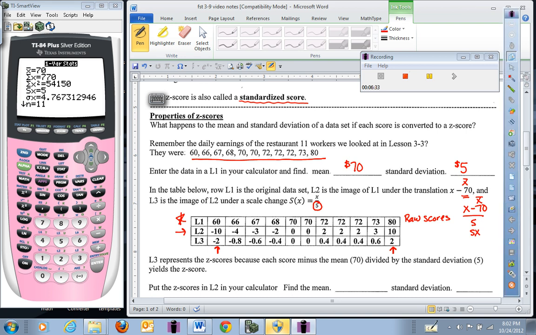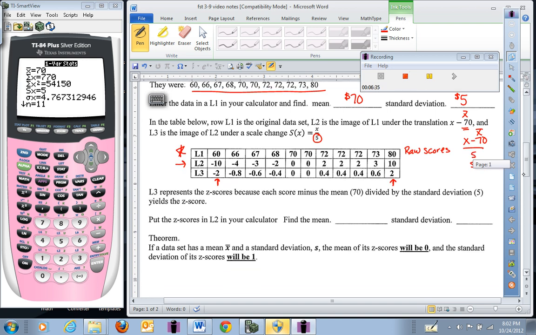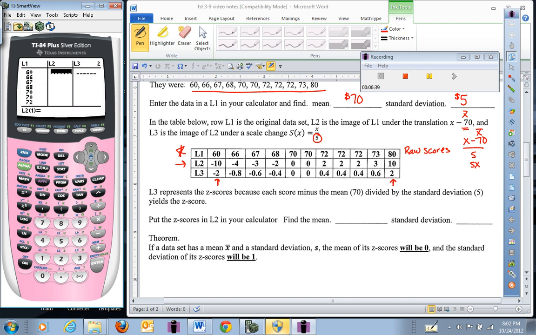Now in our calculator we want to put the z-scores in list number 2. I'll show you a quick and easy way to do that. Come over to this list, jump up on top, and then let's just use our z-score formula. We would take every one of these raw scores, which are in list 1, and we would subtract the mean, which is 70, and then divide by the standard deviation, which is 5.